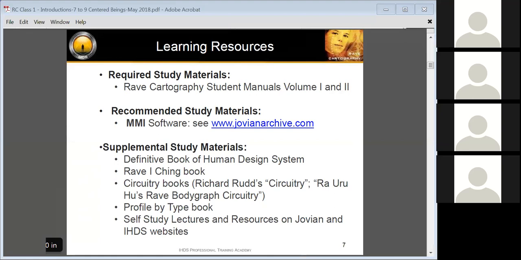But recommended is also if it's time for you to start looking at charts and getting familiar with the MMI software, which is available through Jovian Archive. I'll introduce you to the different versions of it, so you know a little bit more about it. You don't have to do that in this class, but you may find your authority saying now it's time. And if you do, then the student version is probably all you really need.